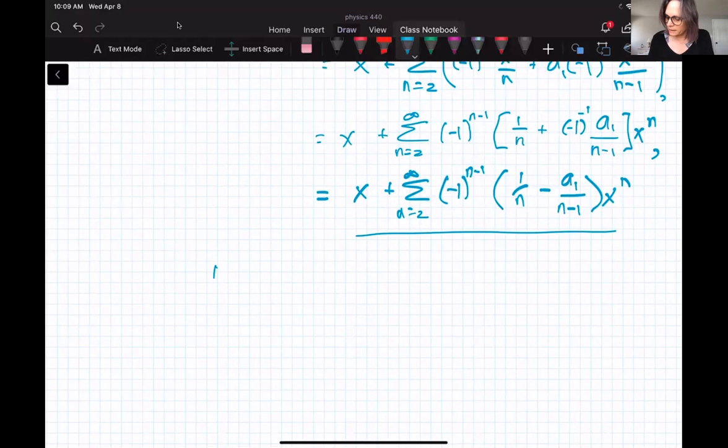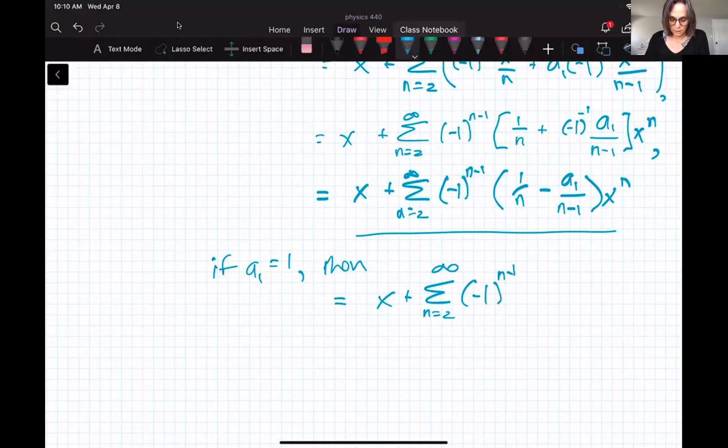So if we let a sub 1 be equal to 1, then this series becomes x plus the sum from n equals 2 to infinity of minus 1 to the n minus 1 times 1 minus 1 over n times n minus 1, times x to the n.